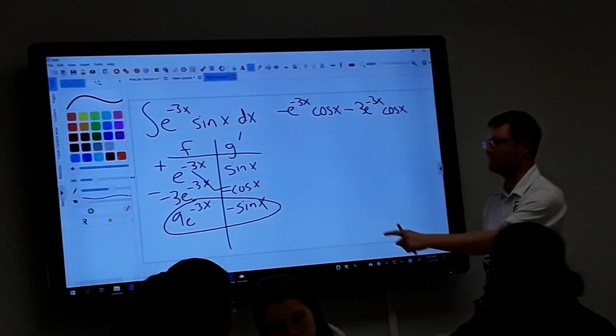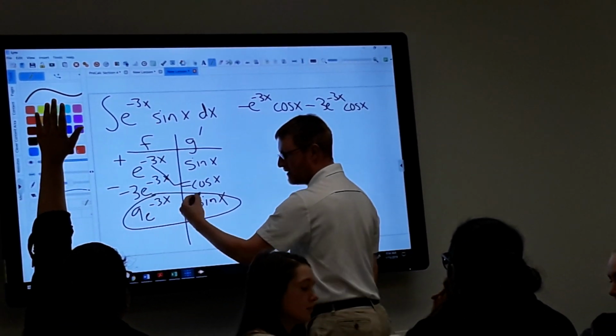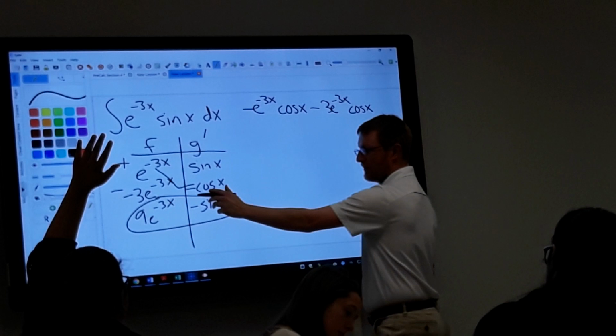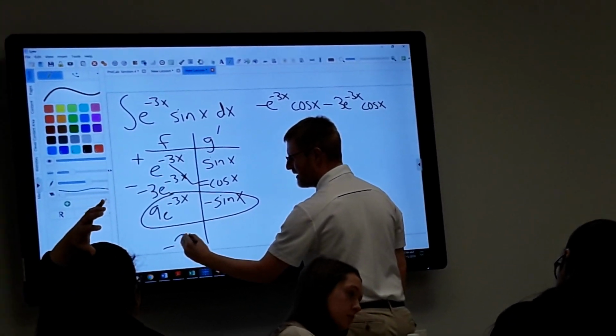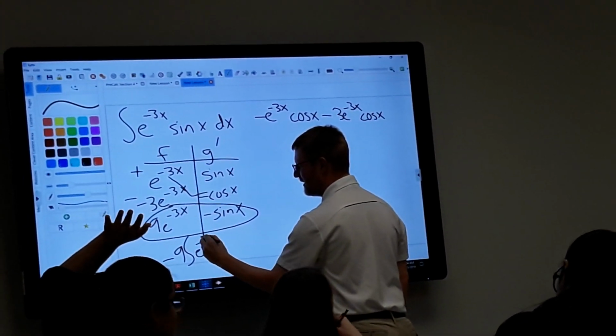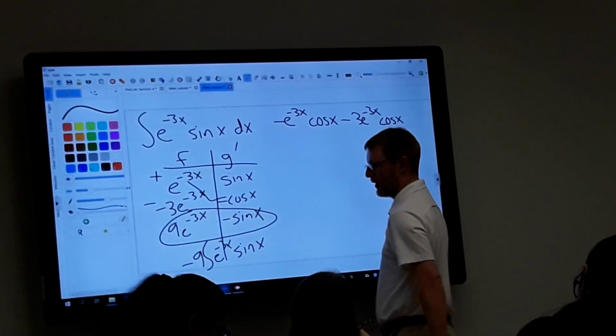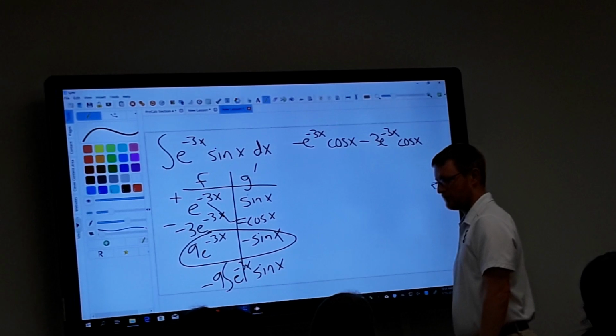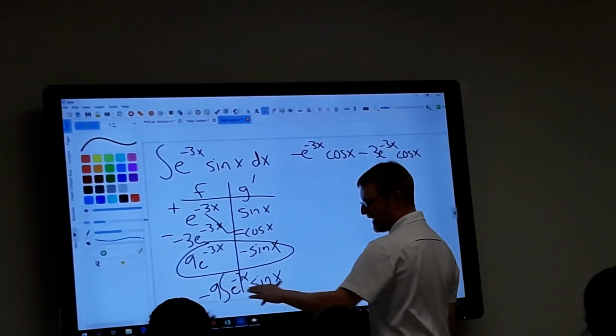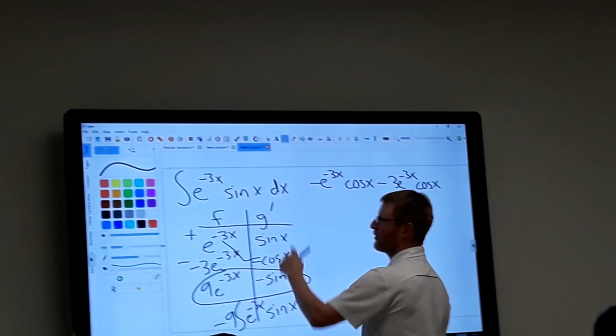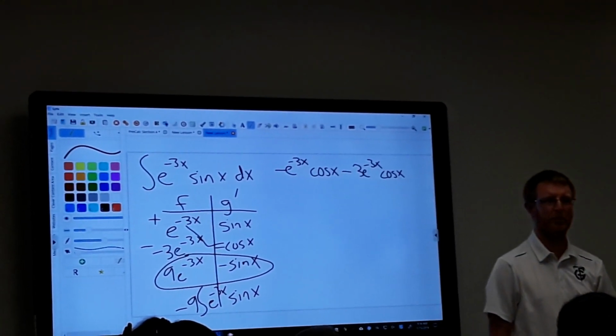It's minus 9 of that integral. So just think about it. If I do minus 9 integral e to the negative 3x sine of x, that's where that negative came from, right? If I have those negatives there, now this integral looks exactly like it does above.